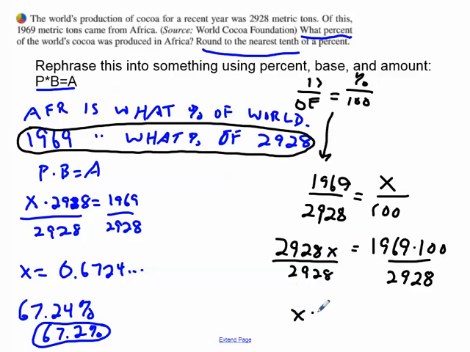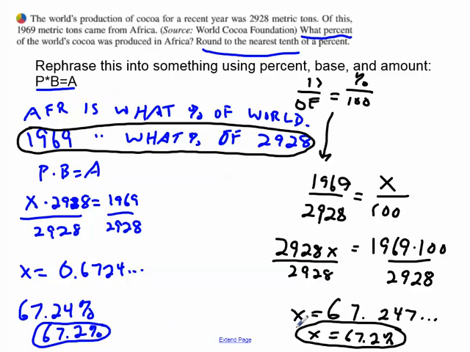So here I've got X equals 1969 times 100 divided by 2928 equals 67.247..., rounded to the nearest tenth, X equals 67.2%. Same answer. Different approaches, same answer. Whichever way you feel comfortable with, let's do it. All right.